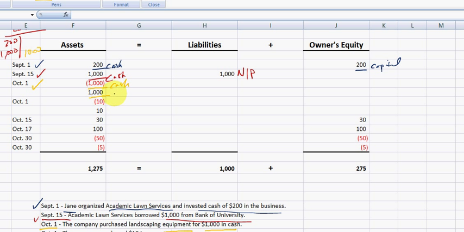And at the same time, we could create another asset T account called equipment and have $1,000 in there. Notice how there's a debit here for equipment and a credit here on cash. The asset column stays the same. It's a wash. Nothing needed to be done on the liabilities and owner's equity side of this basic accounting model. However, assets went down and went back up immediately.